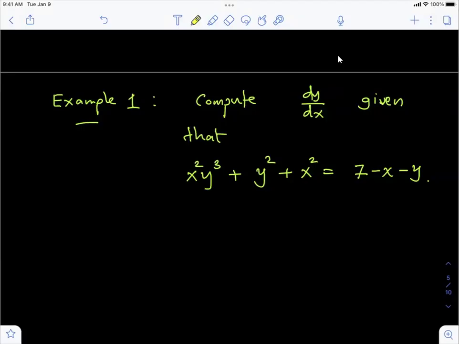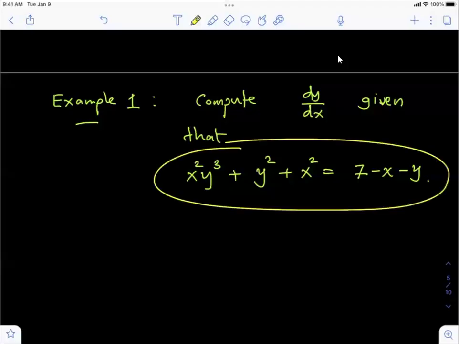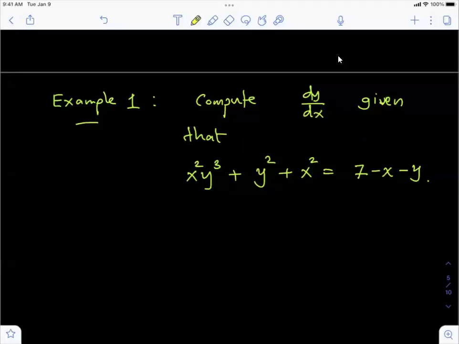Up to this point, with the previous examples, we were given a function of a certain variable that differs from our independent variable, and I asked you to compute a certain derivative. Now, here I am just providing a certain relation, and from out of nowhere, I'm asking you to find dy dx. Now, let me show you the steps.